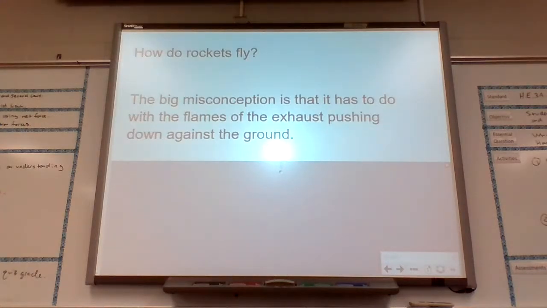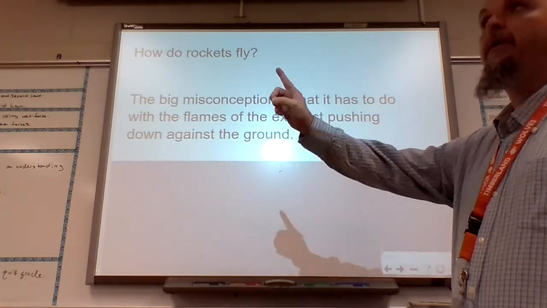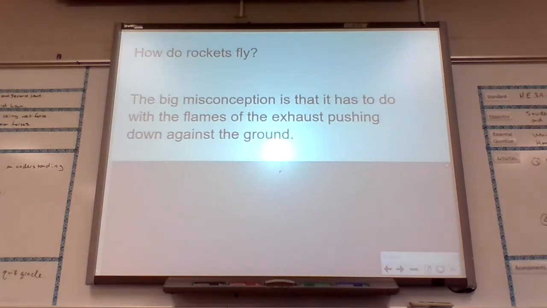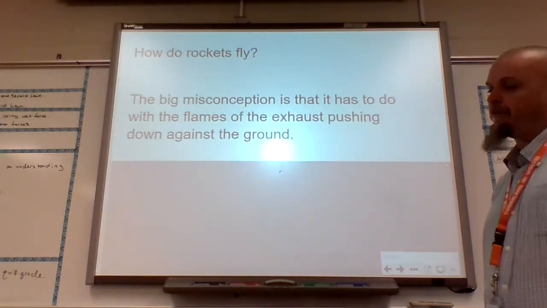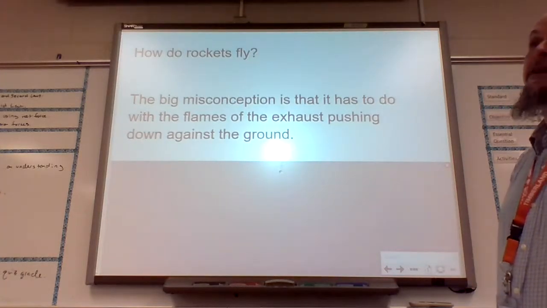And that's just not true. Because if that were true, there would have to be a trail of fire all the way from the ground all the way up into space. If a rocket engine truly had to push off the ground, you would have to have a column of fire from the ground to outer space, and that's not what happens.